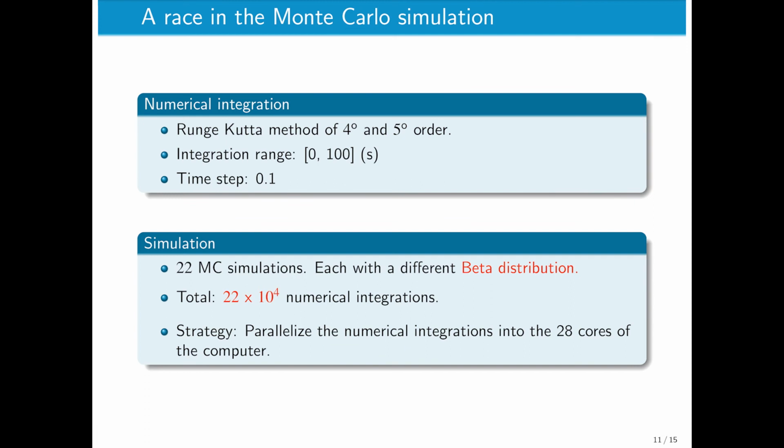In this study, 22 Monte Carlo simulations are performed, each with 10,000 realizations. Again, the number of realizations is enough for the purpose of comparing the CPU time. The solution was parallelized using a 28-core processor.